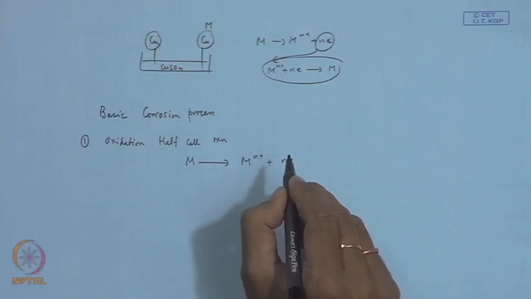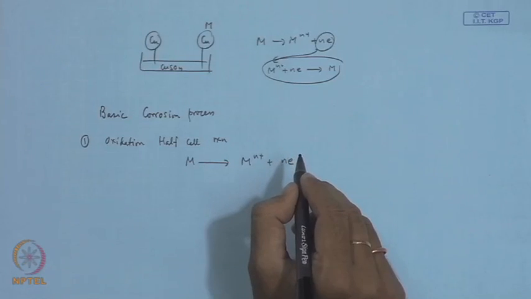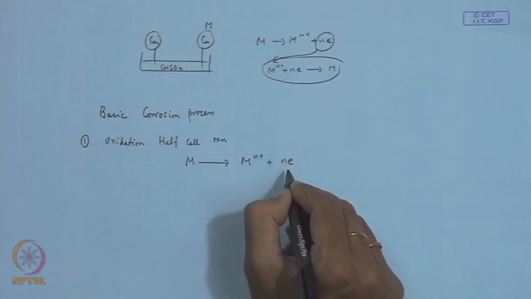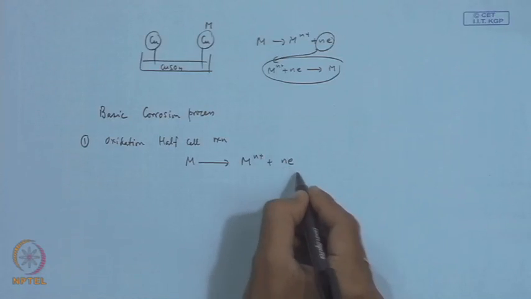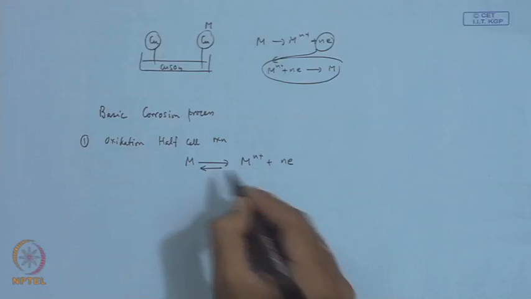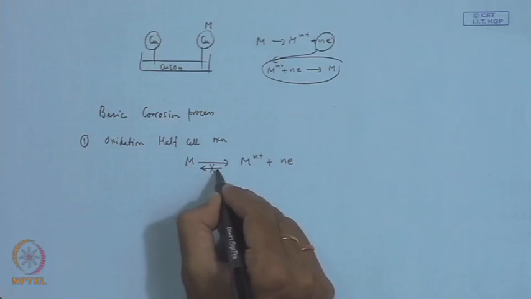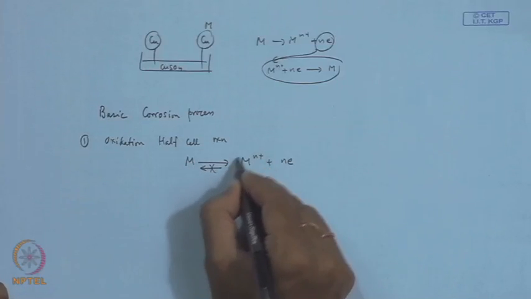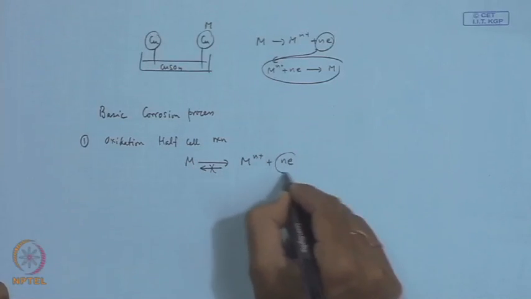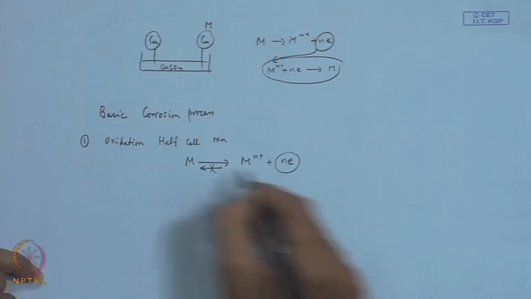So, if there is no current flowing, at equilibrium, the electron will go back over here to get back your metal. But suppose this is stopped, or this is used up in other modes, then this equilibrium is shifted towards the right.